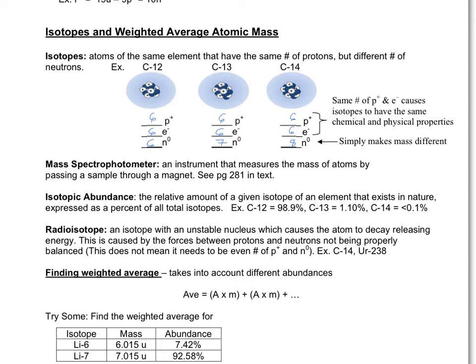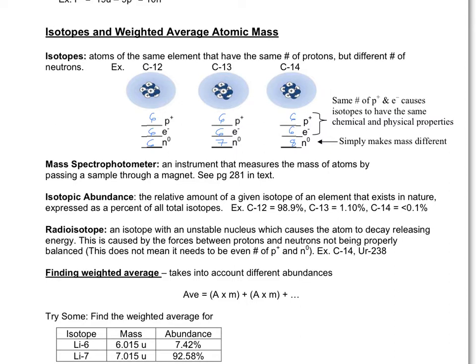If you run a sample of an element through a mass spec, it won't just show you the different masses of your isotopes, it also shows you how much of each you have. That's known as its isotopic abundance. So it's the relative amount of a given isotope of an element that exists in nature expressed as a percentage.